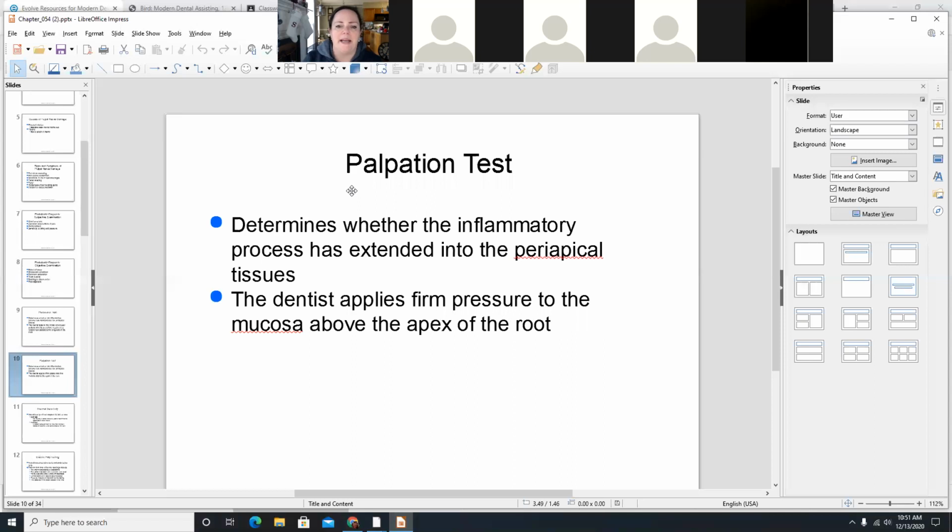What is palpation? Palpation is finger pressure. Okay, sort of tapping with, or pushing with your fingers is palpation. All right, this determines whether the inflammatory process has extended into the periapical tissues. The dentist applies firm pressure to the mucosa above the apex of the root.